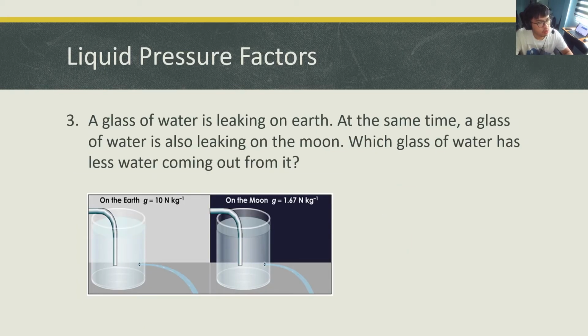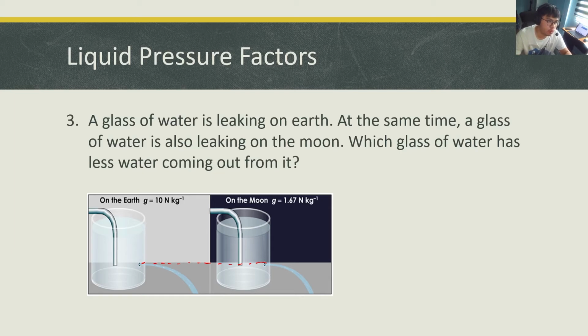Here we have a glass of water that is leaking on Earth. At the same time, a glass of water is also leaking on the moon. Which glass of water has less water coming out from it? So these two holes are the same depth or the same height, and they're both water, so they both have the same density.